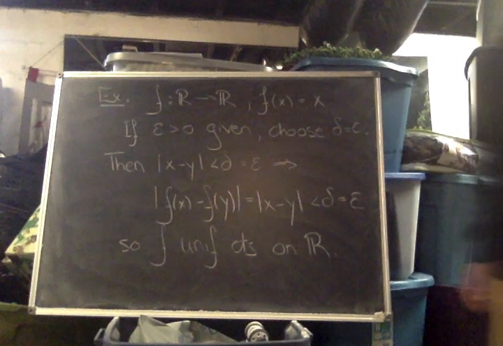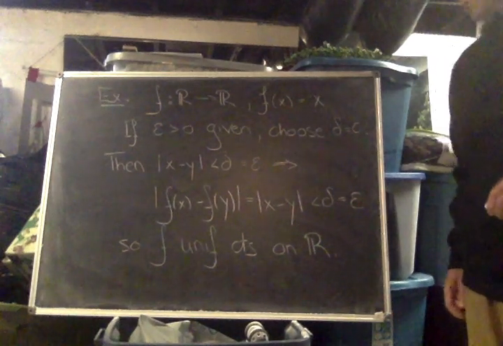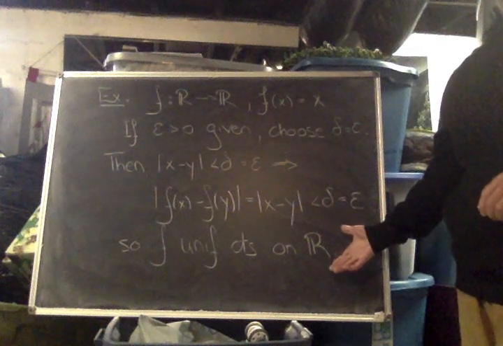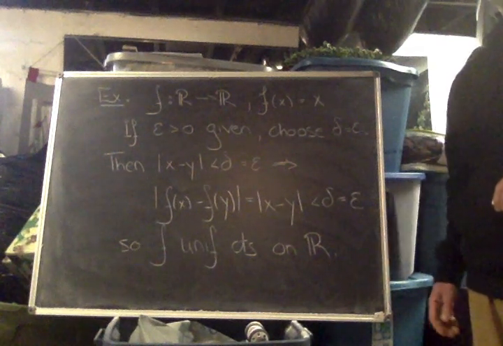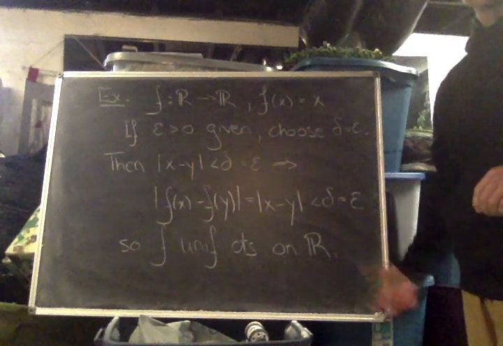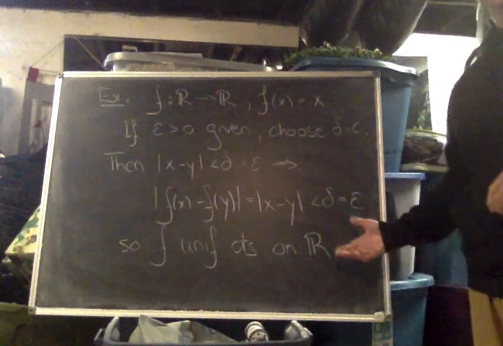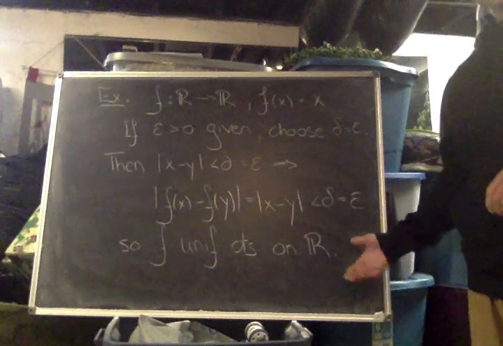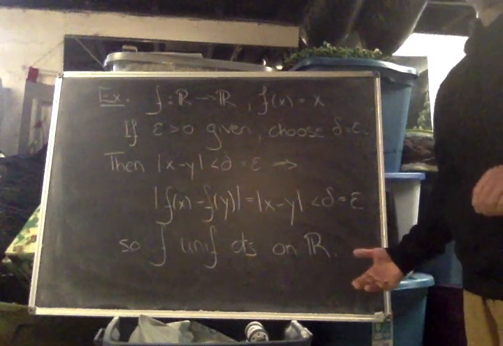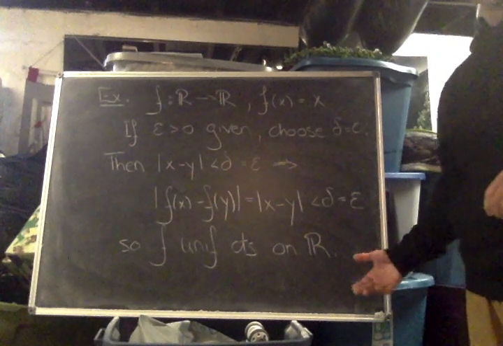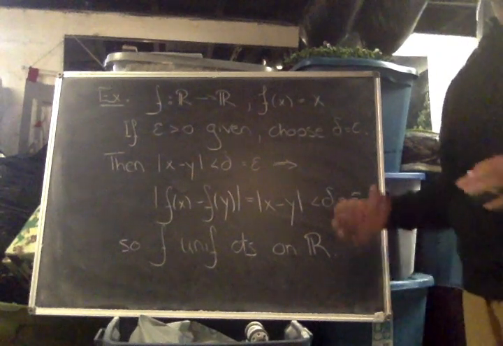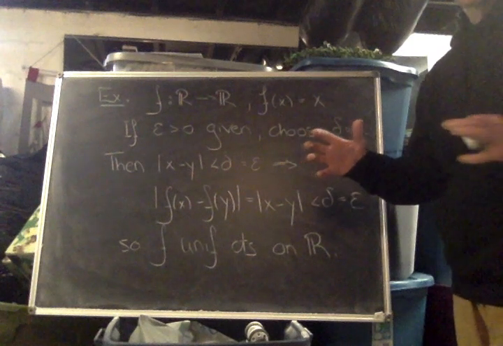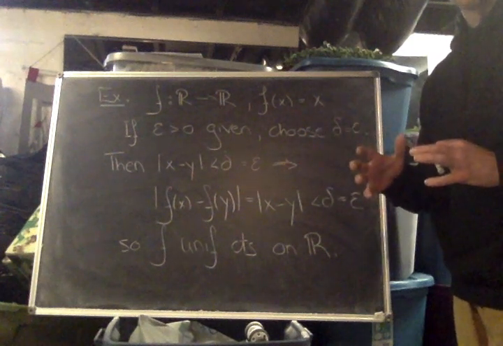Now, if a function is uniformly continuous on some set, in this case R, and then you want to consider the function restricted to some smaller domain, so we just think about this function f on some subset B of R, then it will still be uniformly continuous on that subset B. So uniformly continuous on a big set means the function stays uniformly continuous on a smaller set.